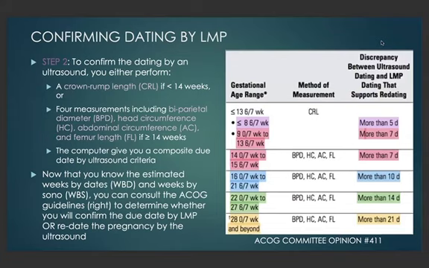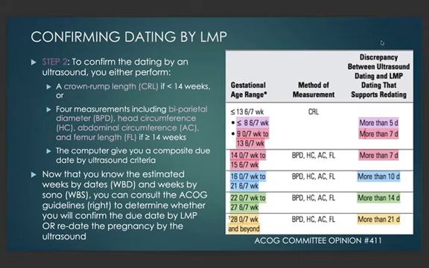And step two is when you start bringing in that ultrasound. The measurement you use is dependent on how many gestational weeks you think the pregnancy is. If it's less than 14 weeks, you use something known as the crown rump length, otherwise known as CRL. If it's more than 14 weeks, you use about four measurements that we'll talk about later on in the podcast.